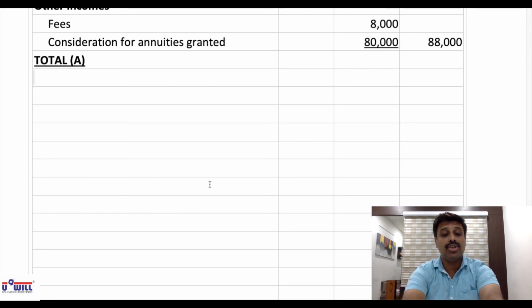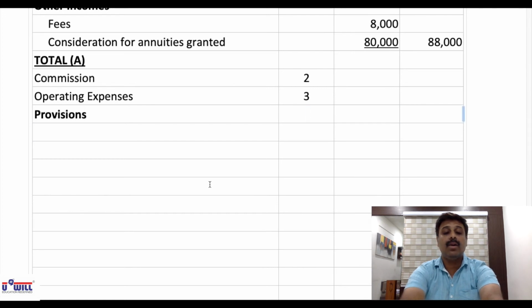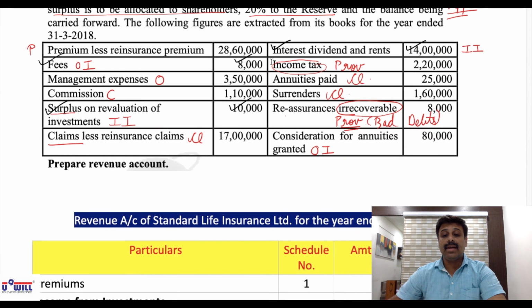Then we will have commission, that we will show in schedule 2 in detail. Then we have operating expenses, that we will show in schedule 3 in detail. Then we will have provisions. Now, two items are marked as provisions. Income tax 2,20,000.